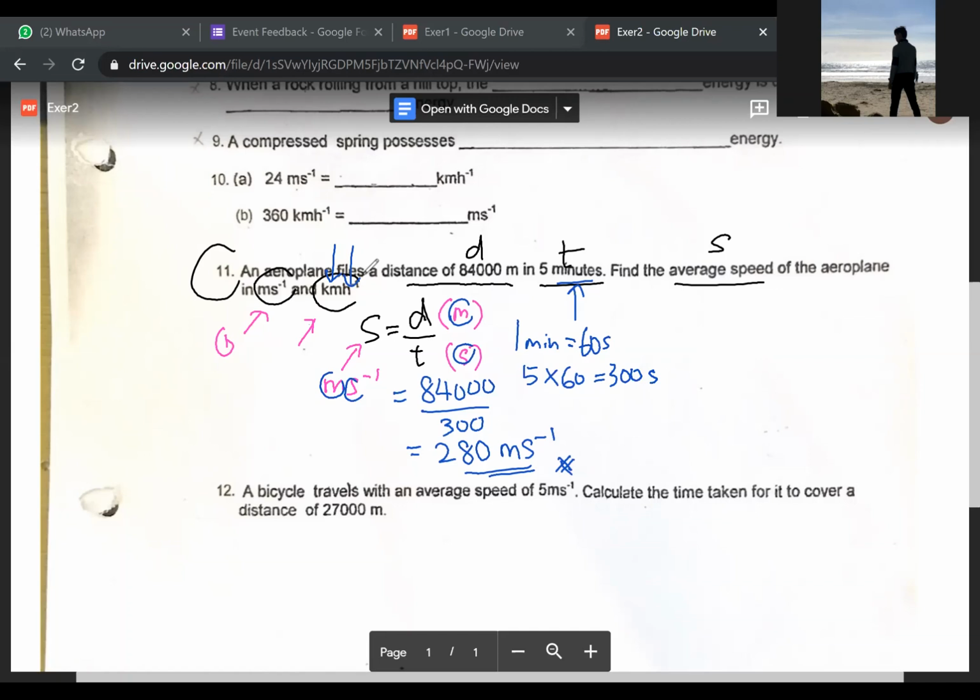Or you can do the unit conversion. Here I'll show you the unit conversion first. So you want to convert 280, this one, to kilometer per hour.